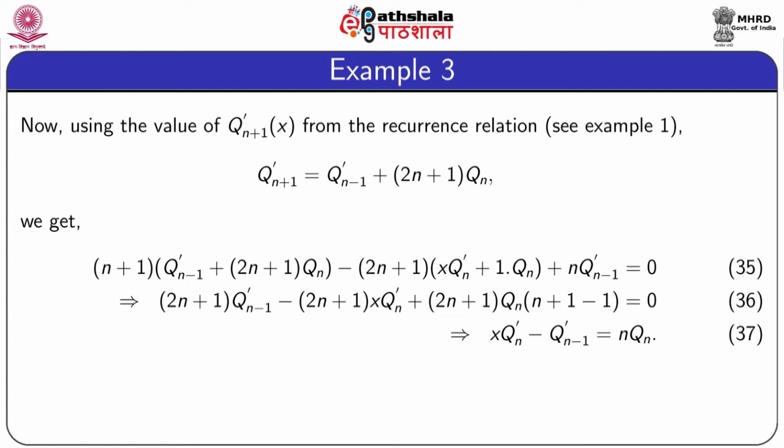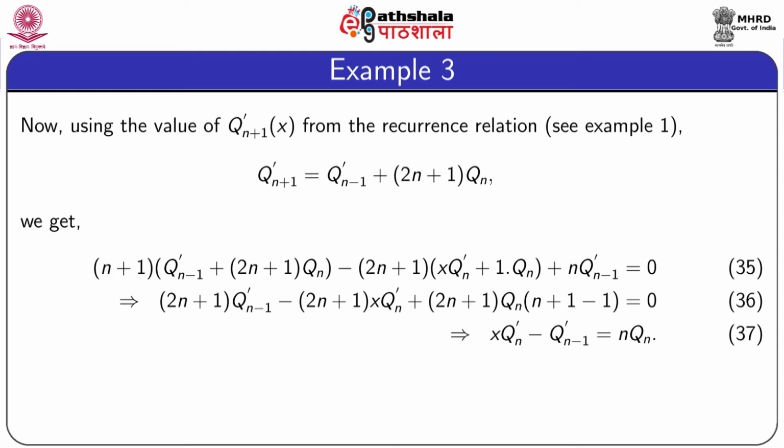We now use the value of Q' n plus 1 from the recurrence relation. Please see example 1, which is Q' n plus 1 equal to Q' n minus 1 plus (2n plus 1) Qn, and we get equation number 36, which is (2n plus 1) Q n minus 1 minus (2n plus 1) x Q'n plus (2n plus 1) Q n n plus 1 minus 1 equal to 0.